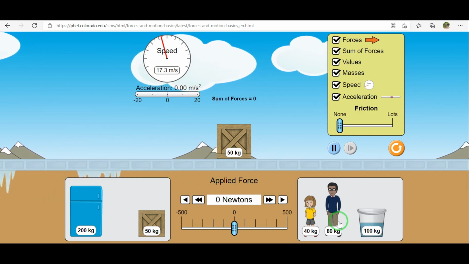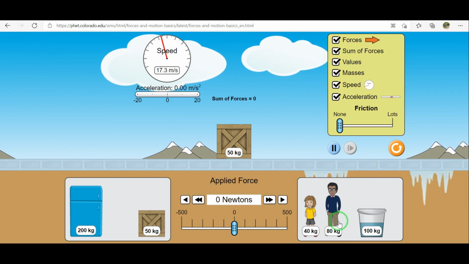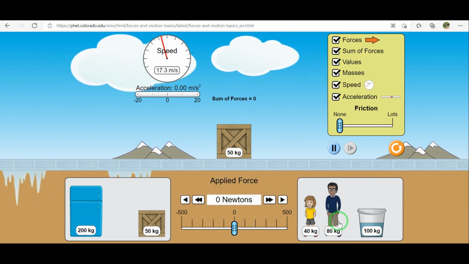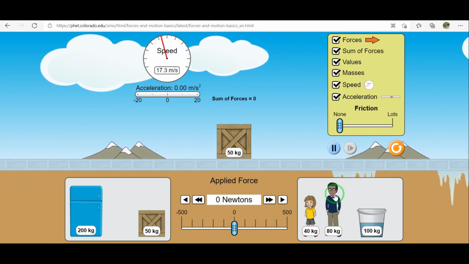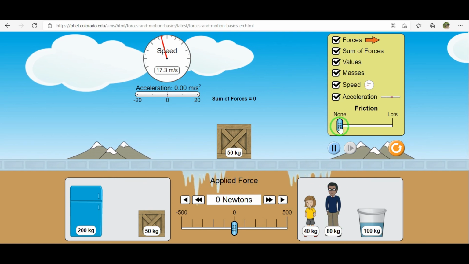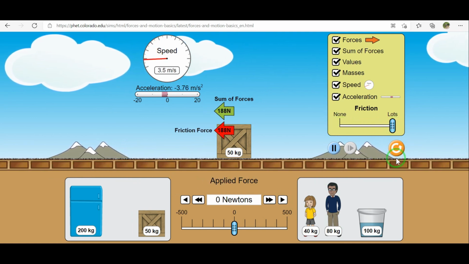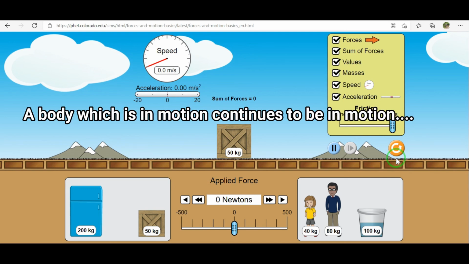If a body is in motion in the universe, he said it will continue to be in motion, but we don't see that. If the body is in motion, it comes to rest. Why? Because there is a force acted on it. In this case, if I make the friction more, it comes to rest. So what is the conclusion? A body which is in motion continues to be in motion unless a force is acted on it.